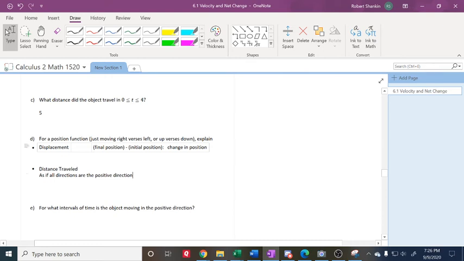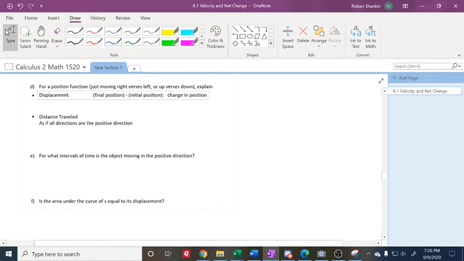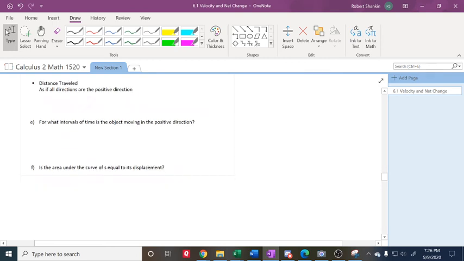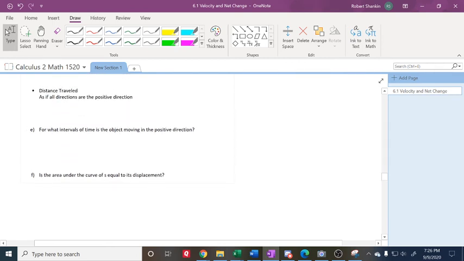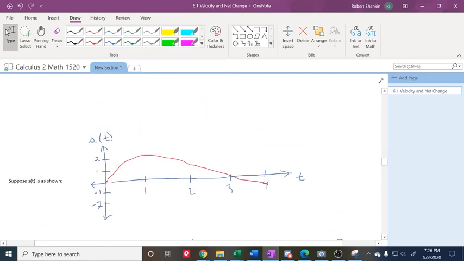Okay. All right. And on E and F, I'm just going to go over these real quick. For what intervals of time is the object moving in the positive direction? Now, to answer that, we come back to the graph. You can technically get this by just looking at the slopes. When the slopes are positive, you're moving in a positive direction.